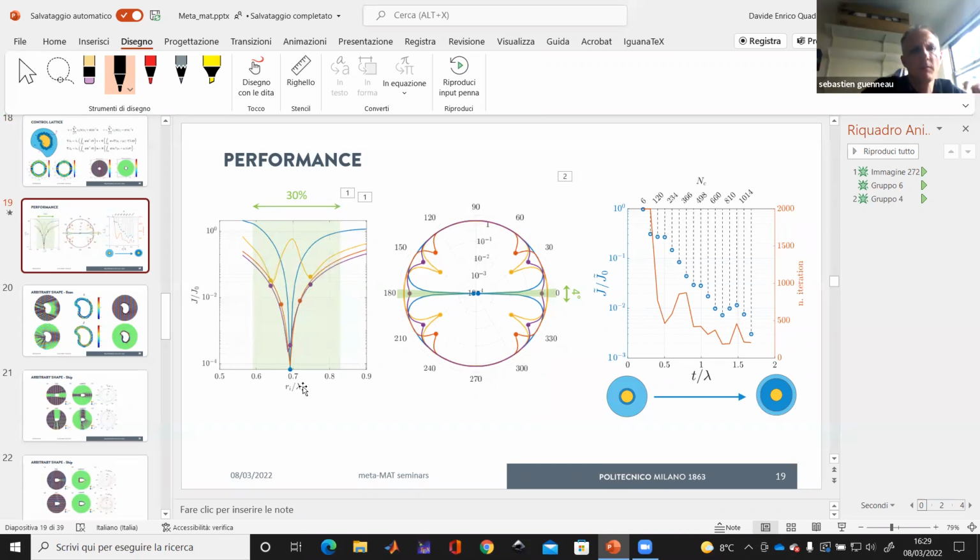If you would take more points, you think you can increase this bandwidth even further? Yeah, maybe with some fluctuations in between. But of course, this is maybe not an upper limit. You don't know how far it can go.